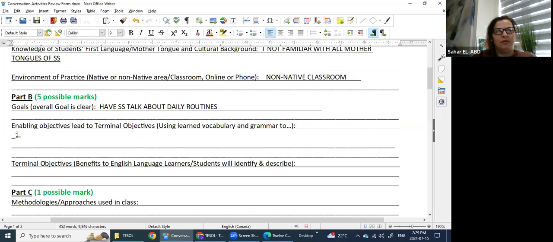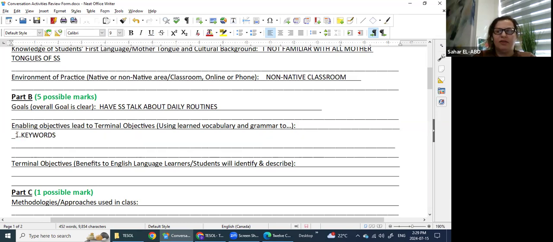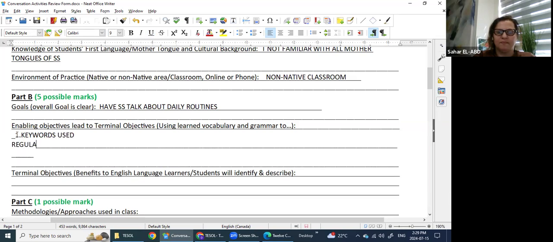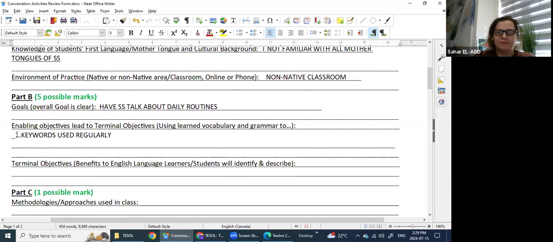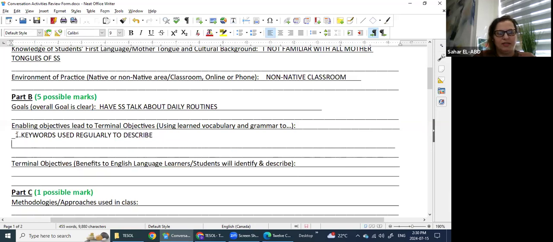Keywords related to daily routine activities, such as every day, every morning, every month, every year, daily, to describe their daily routines.